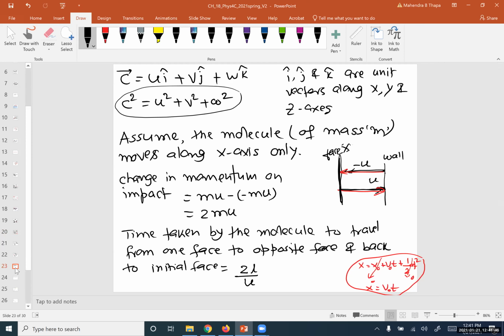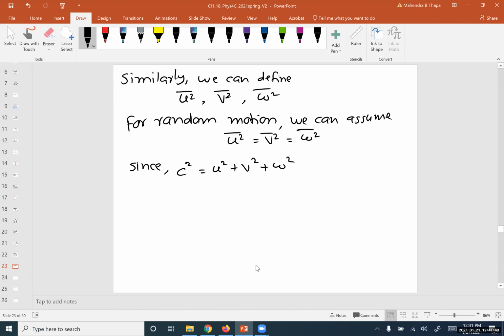Okay, let's simplify further. So you know that in this equation we can add mean square, c squared bar equals u squared bar plus v squared bar plus w squared bar. We can do that. If this is the case, this u squared, v squared can be replaced by u squared bar, and this w squared is also replaced by u squared bar.